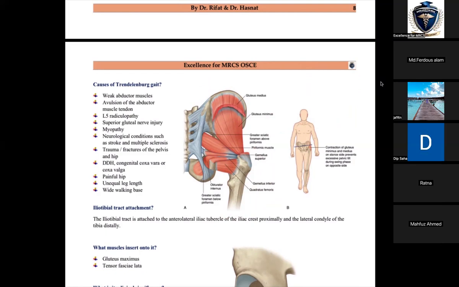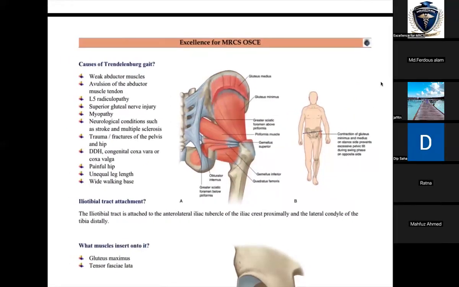Okay. Now come to the two muscles. Have a look. This is the medius and this is the minimus. These muscles originate from and insert into the greater trochanter. So if this muscle simply pulls this way, what about the hip joint? It will go this way.